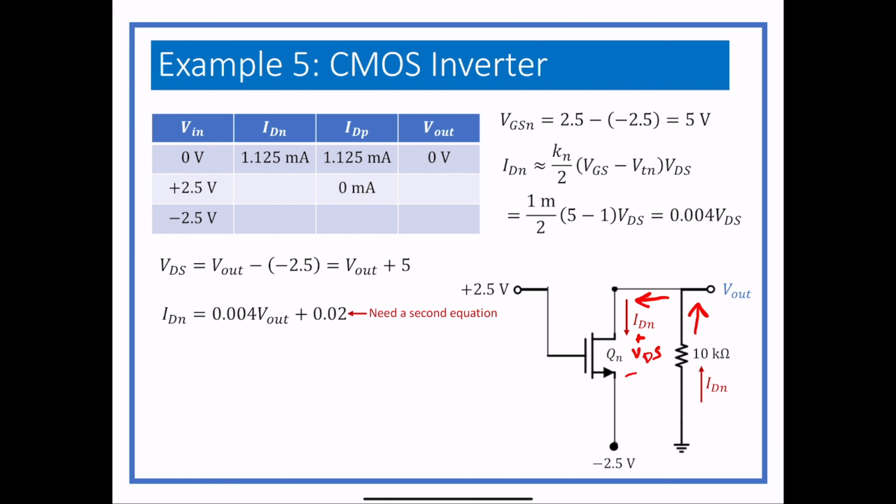So we can use Ohm's law and get a relationship where we take 0 minus V out over 10K, and that will also give us whatever the drain current is. Two equations, two unknowns. You go through and solve them in whatever way you wish to do, and you get that the drain current is 0.244 milliamps and V out is minus 2.44 volts, which is good because it's supposed to be between 0 and negative 2.5.